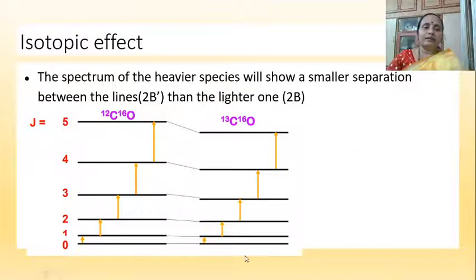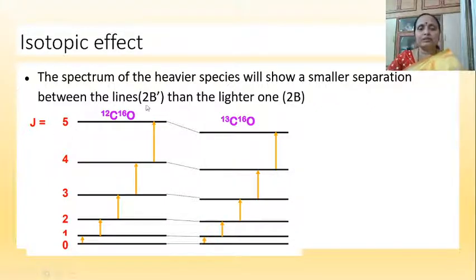So there is going to be a change in atomic weight as well. What we observe due to the isotopic effect is that the spectrum of the heavier species, that is carbon 13, will show a smaller separation. When compared to the carbon 12 isotope, carbon 13 in carbon monoxide will show a smaller separation between the lines of 2B' than the lighter one, which is 2B.